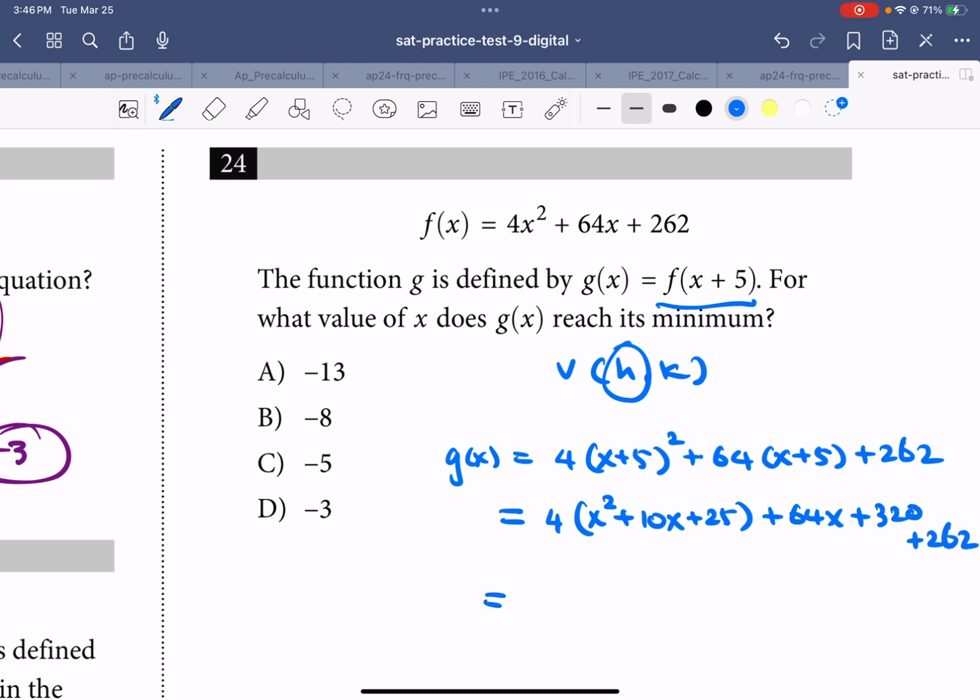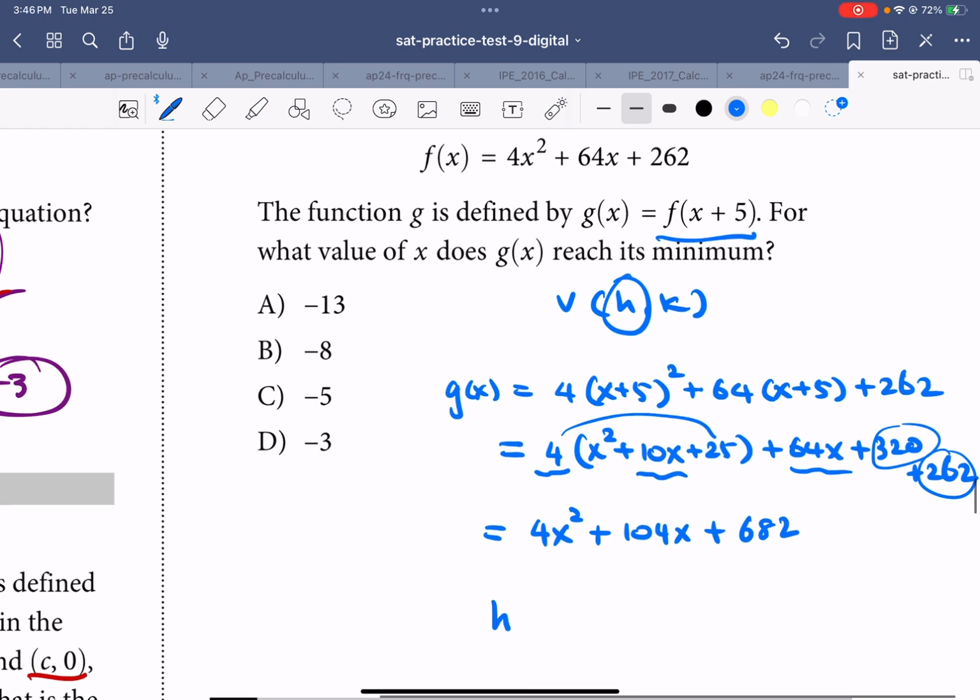So let's collect like terms. You have 4x squared, and 40x plus 64x, then you're going to have 104x, and 4 times 25 is 100 plus 320 plus 262. Then you're going to get 682.